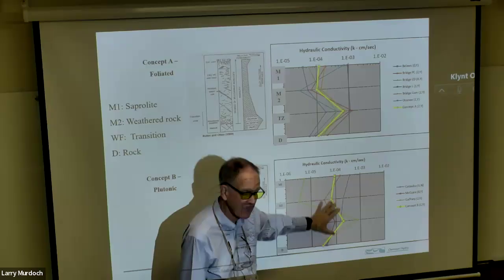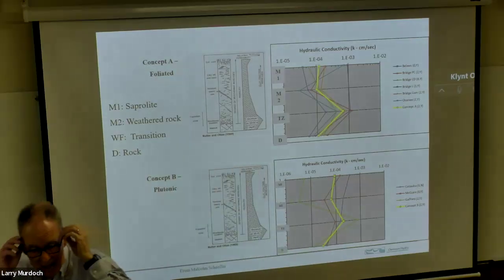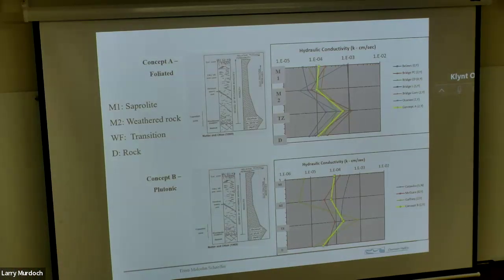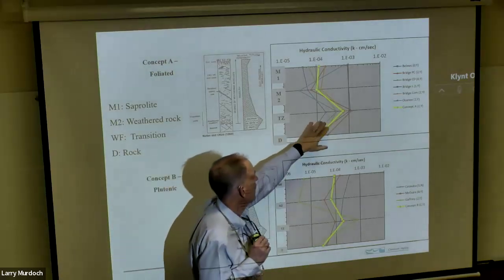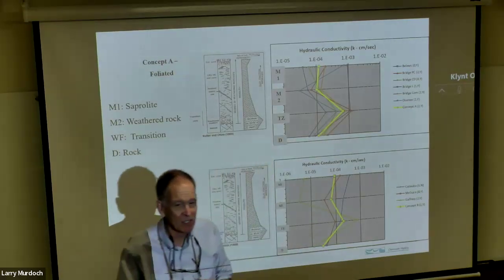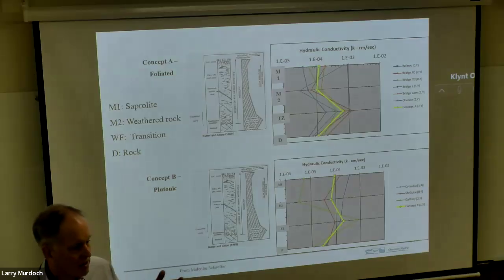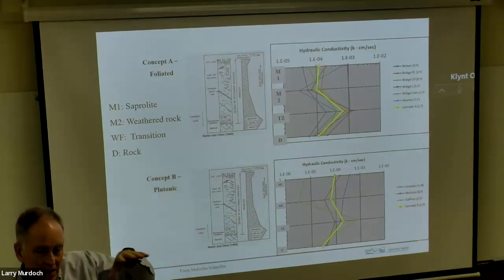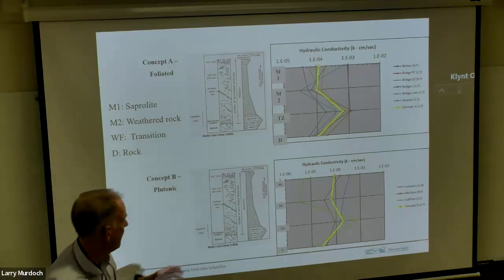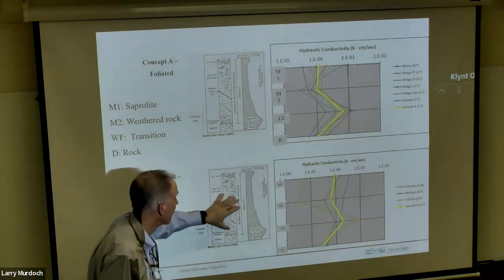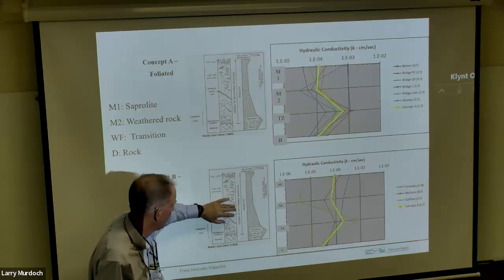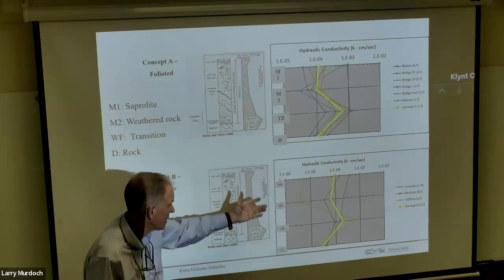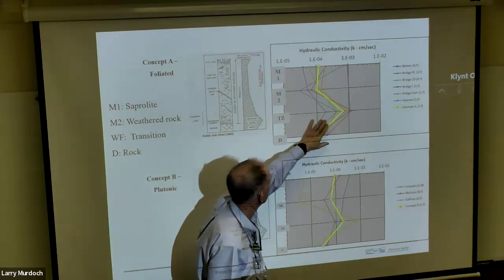Okay, so this is probably the most complete data set that we have for what the hydraulic conductivity in the Piedmont is like. And this is kind of reinforcing that notion that the transition zone has a bit higher hydraulic conductivity than the saprolite and the rock. Unless there's this bedrock that is these granites or granitoids, in which case maybe that's not true.